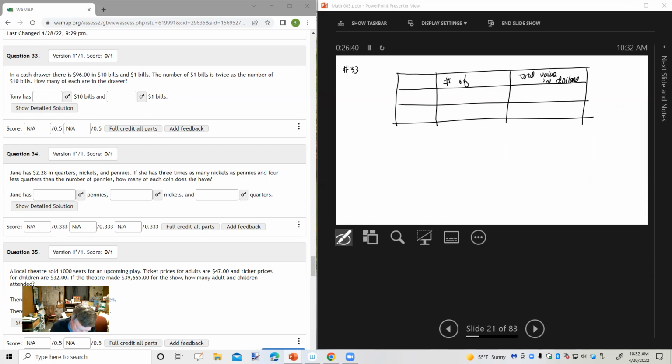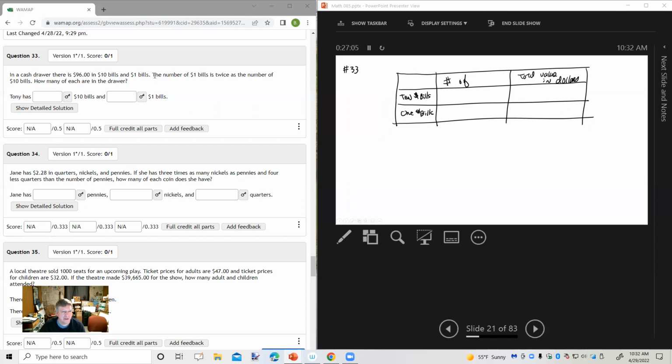Let's see, we've got $10 bills and $1 bills. I don't know if that's English language wise correct, but it works.